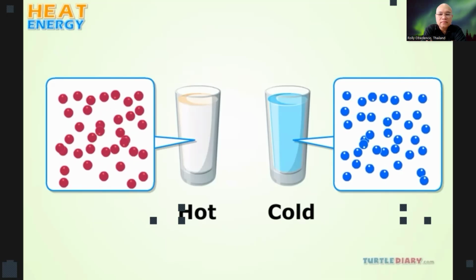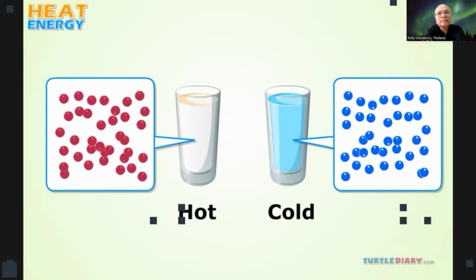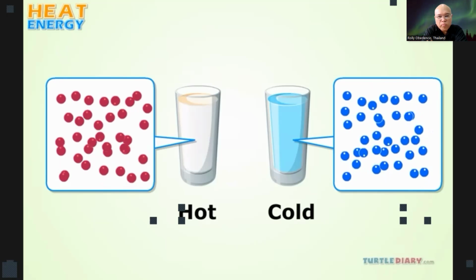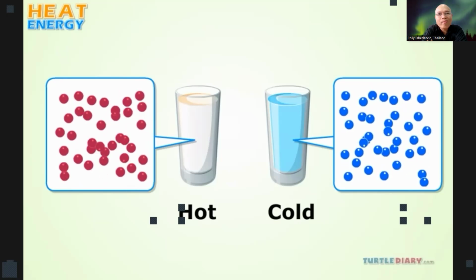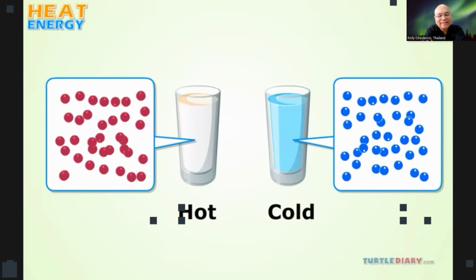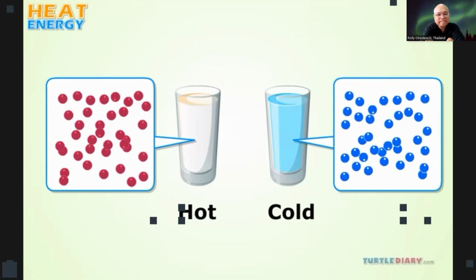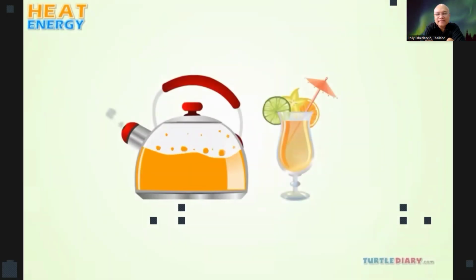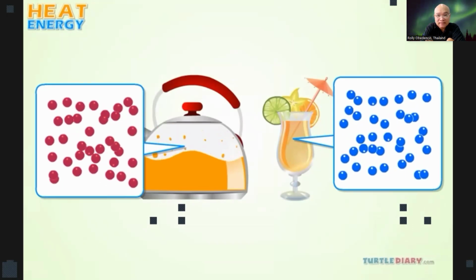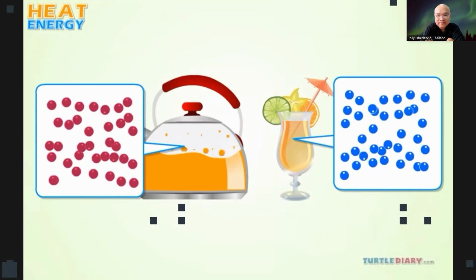If their movement is very slow, they have less energy than the particles that make up something that is hot. For example, particles of hot water in a pot would vibrate very quickly, so they would contain lots of energy.